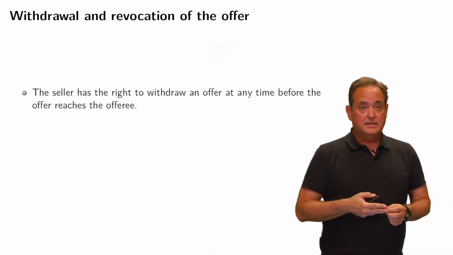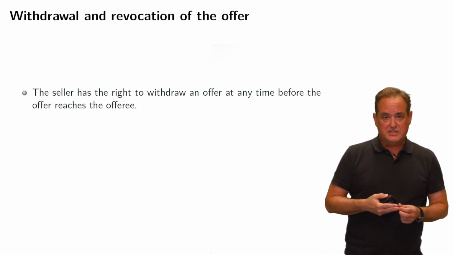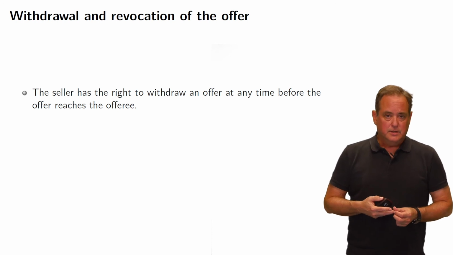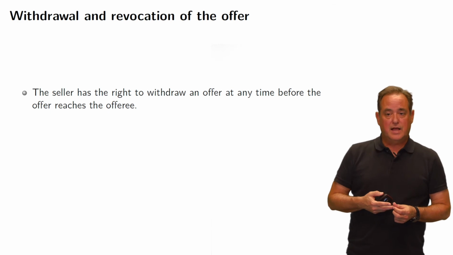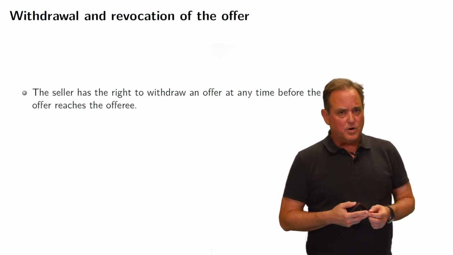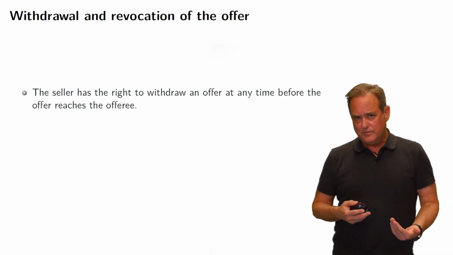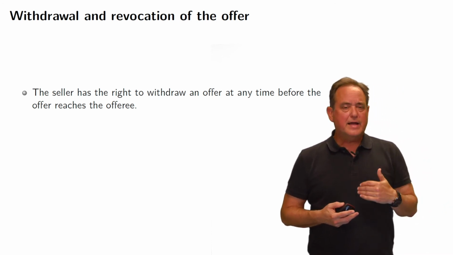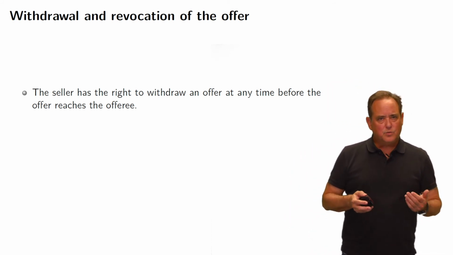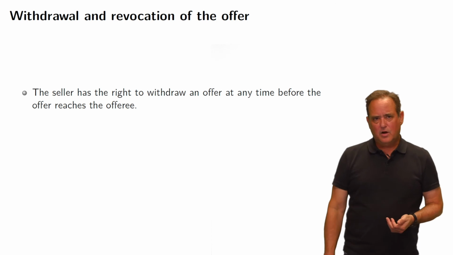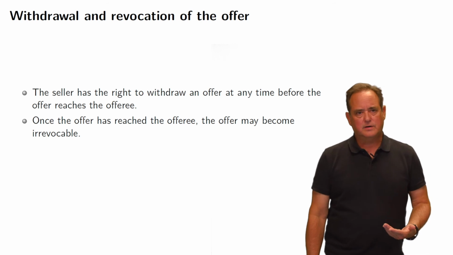So if I send a catalog, or if I send an invitation to sell a good to a customer, and I note after the fact that I quoted him the wrong price, as long as the offeree has not received the offer, I have a right to withdraw it. So anytime before acceptance, I can withdraw my offer. That means it is a revocable offer.